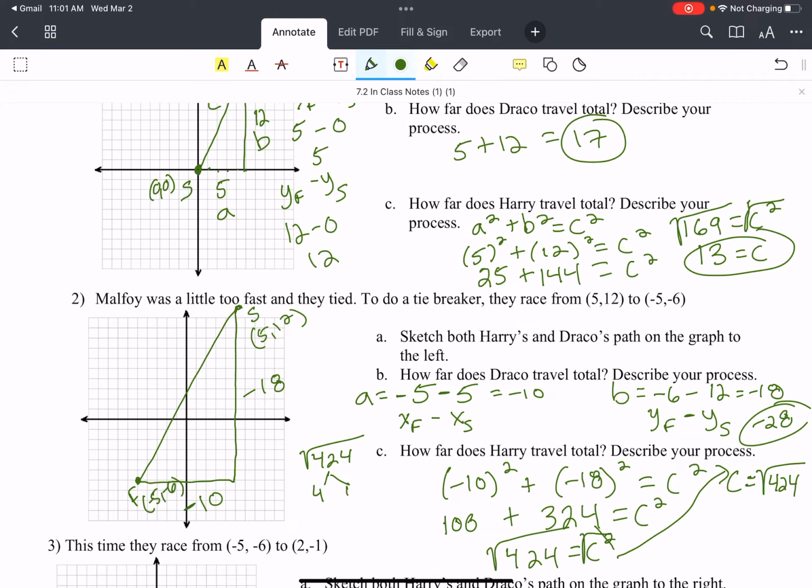Awesome. Are either of those prime, or can we break either of them down more? Yeah, we can break them both down more. The 4 goes into 2 and 2, and the 106 goes into 2 and 53.